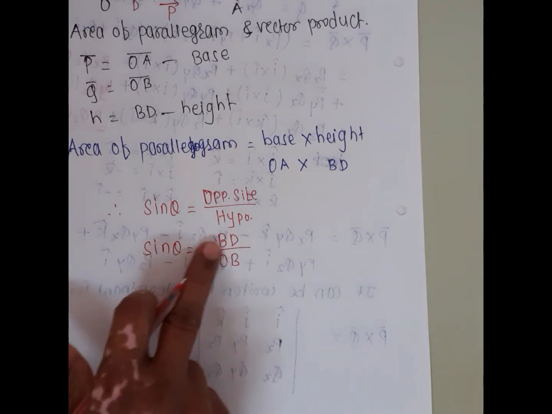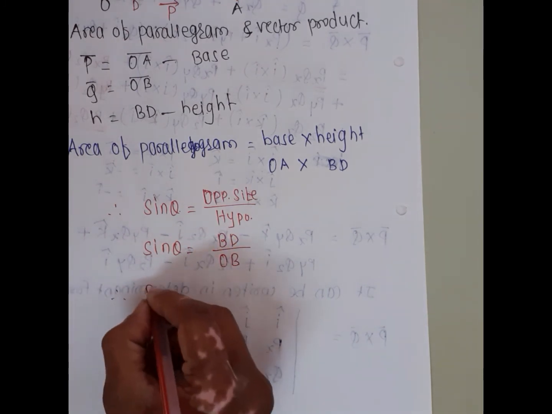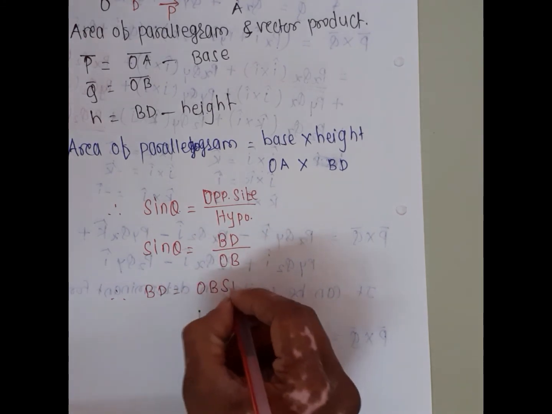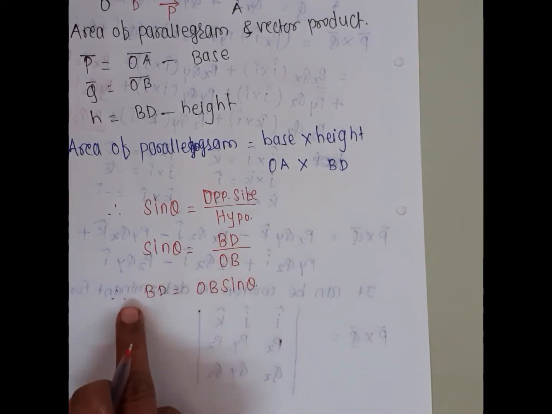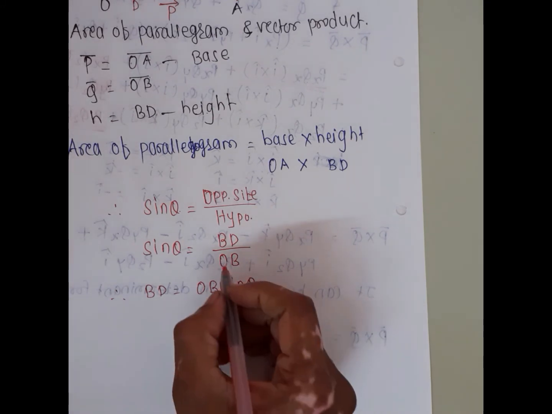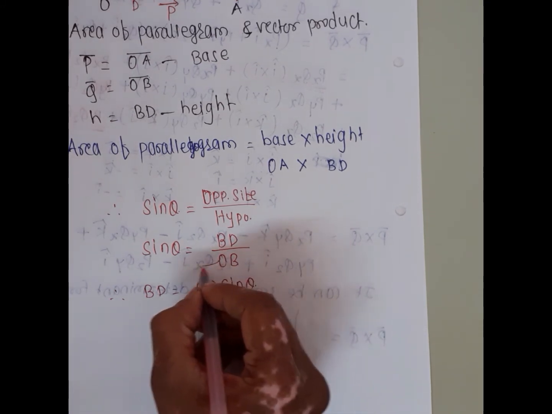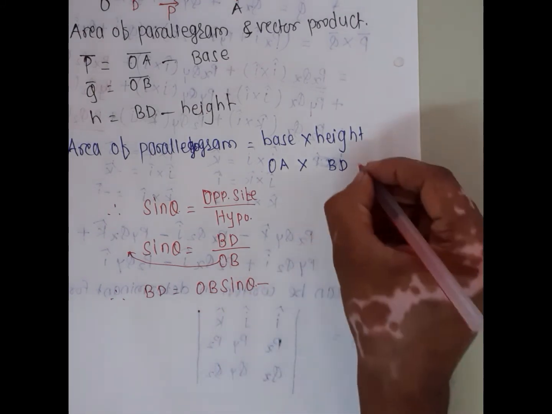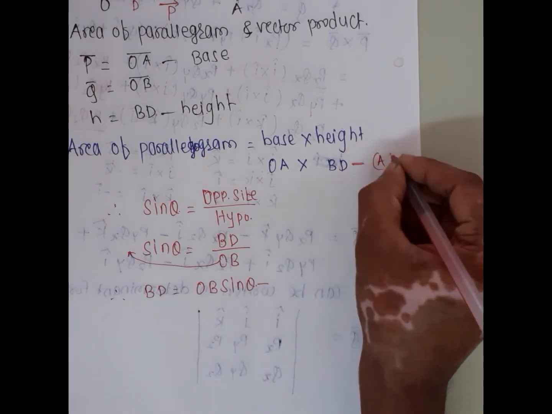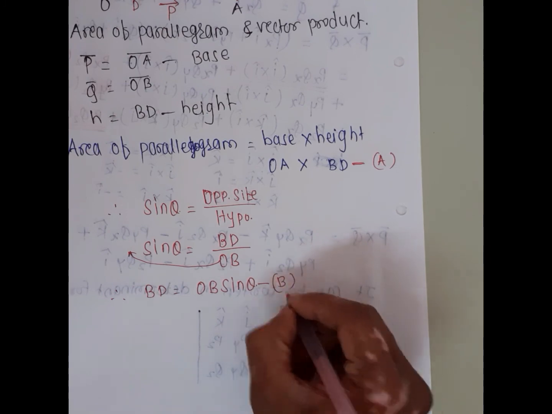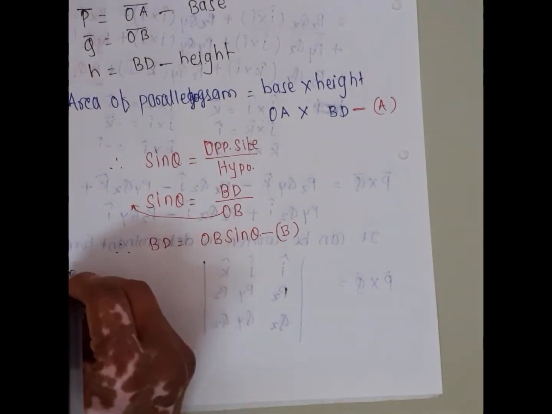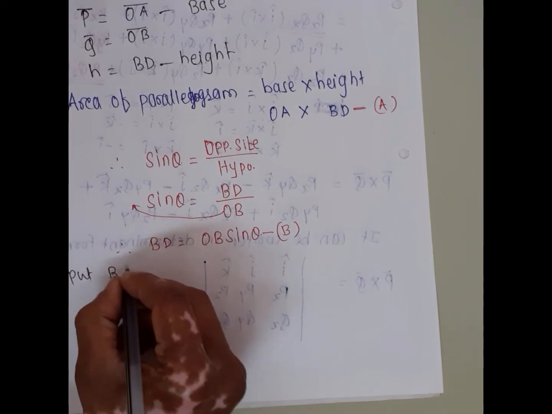Using this we find the value of BD. BD is equal to OB sin theta, since OB goes to the other side and is multiplied. So we call this equation A and this B, and put B in A.